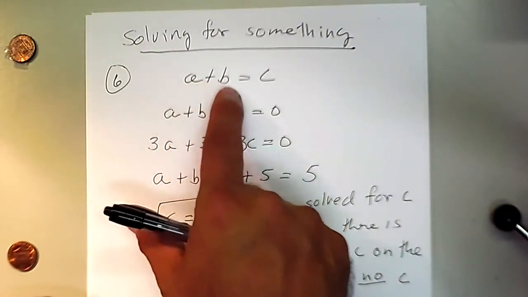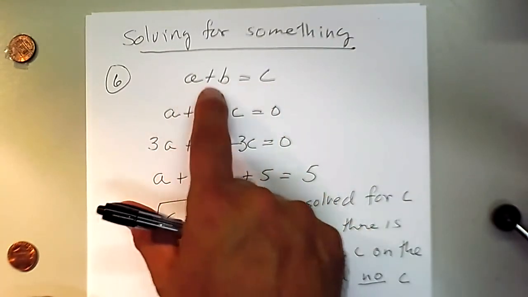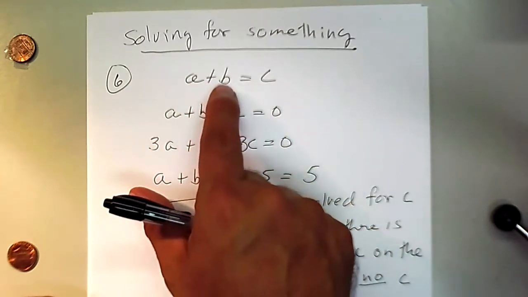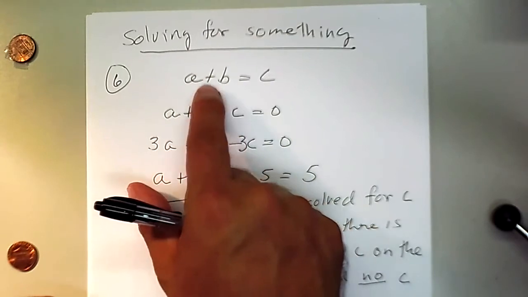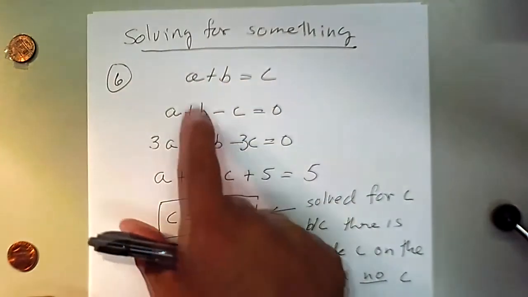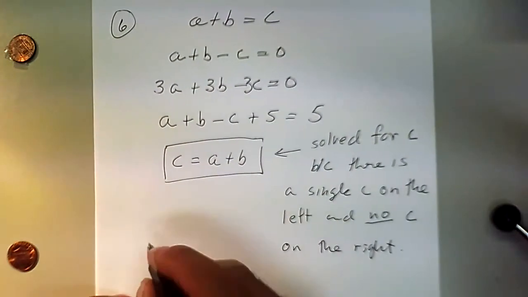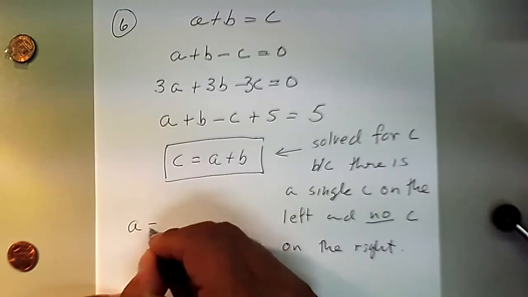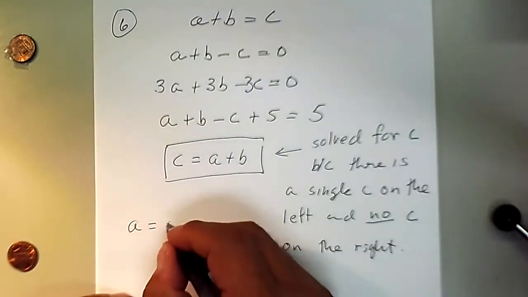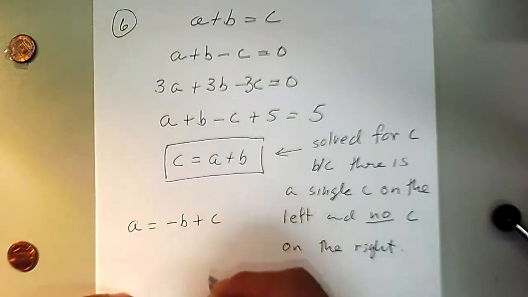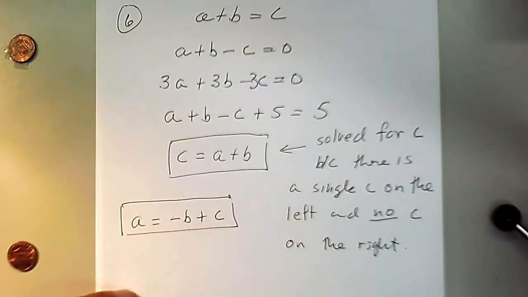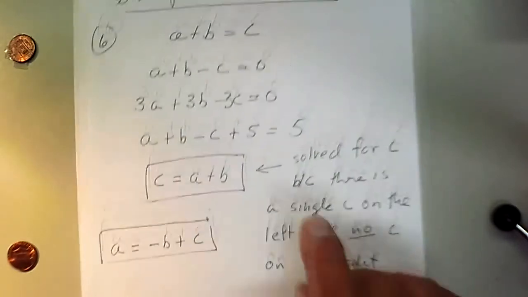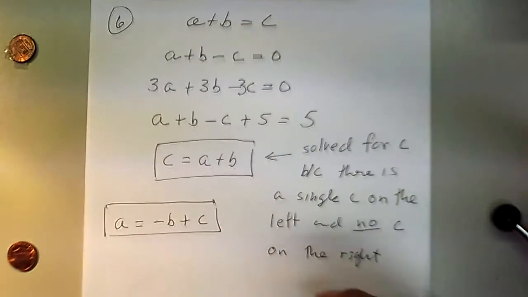A plus B equals C. We can subtract B from both sides of the equation, minus B, and we will have A. So A equals negative B plus C. That equation has been solved for A.